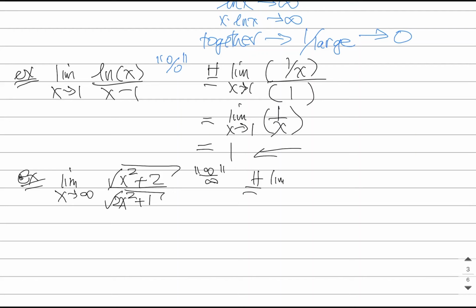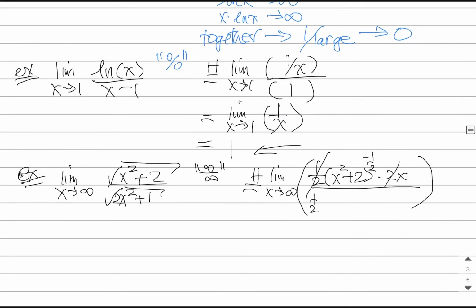And if you use L'Hopital's rule, you'd take the derivative of the top. So you'd get a 1/2 (x squared plus 2) to the negative 1/2 times 2x. Those would go away. And downstairs, you'd get a similar thing. 1/2 (2x squared plus 1) to the negative 1/2. And you'd get a 4x here. So this 2 and that 1/2 would go away.